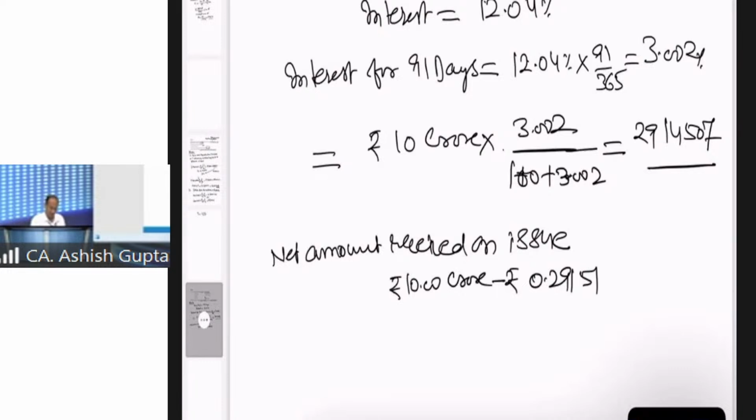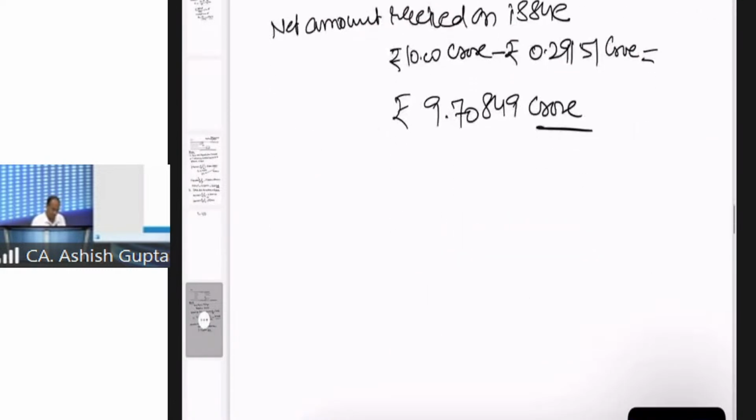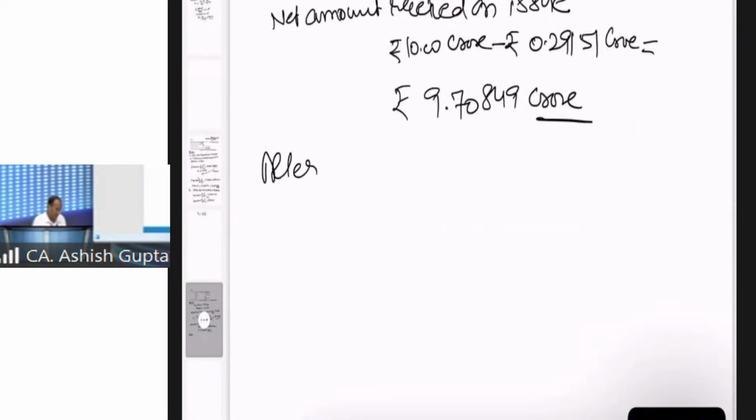One second. Okay, alternatively, it can be computed as follows.